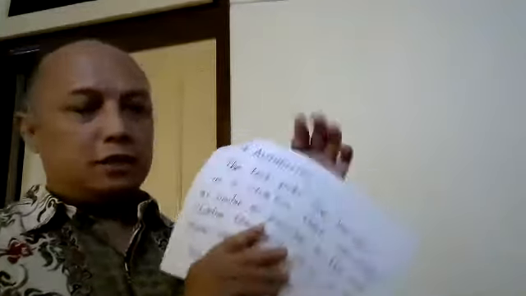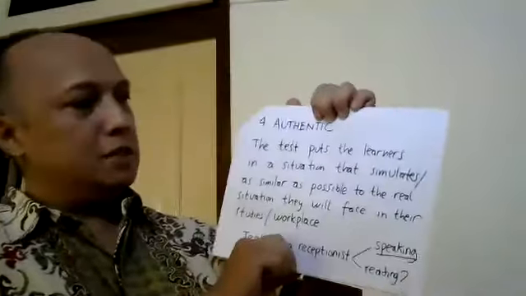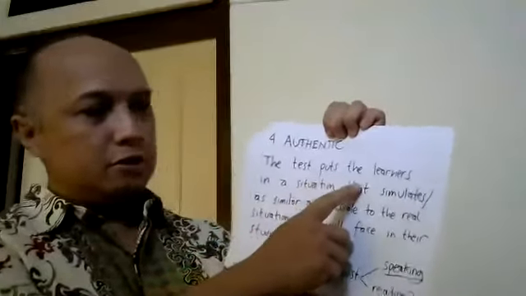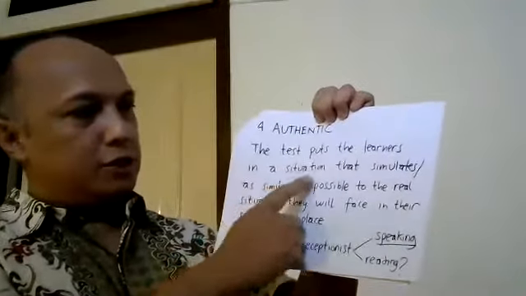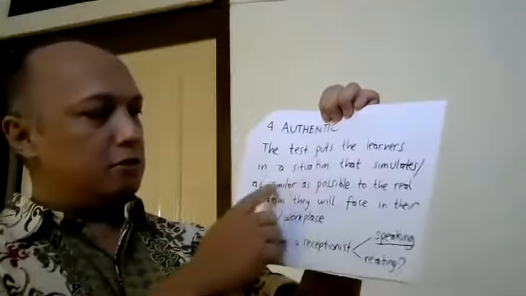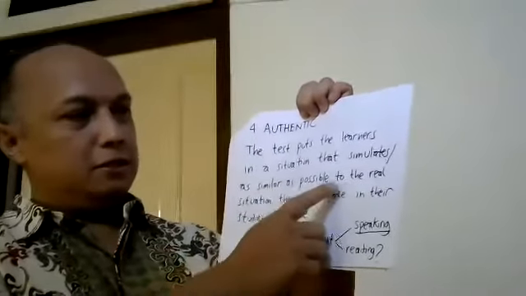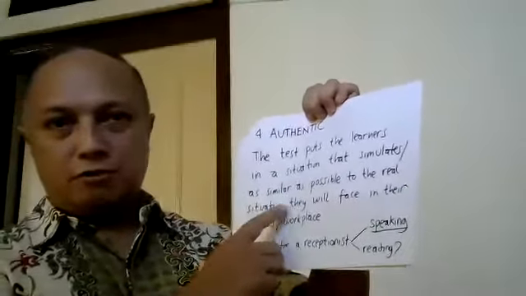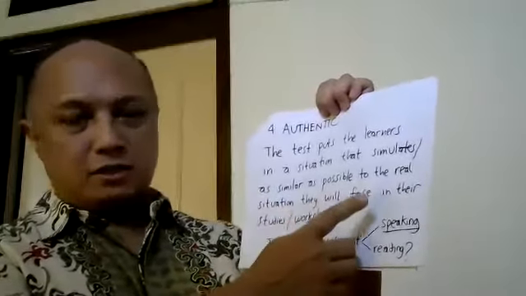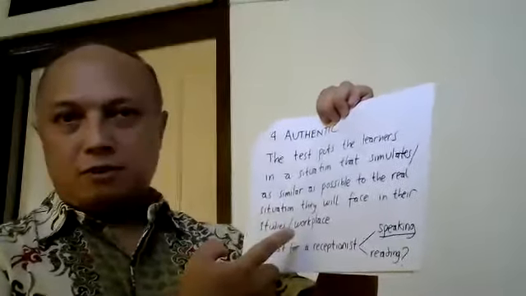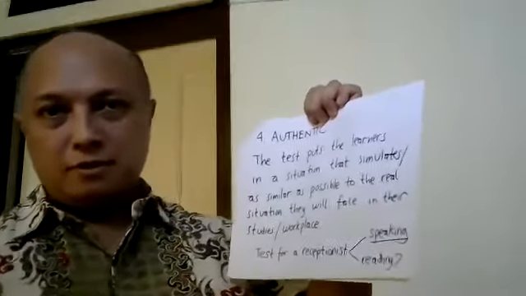Okay, so that's the third one. The fourth one is authentic. Authentic means the test puts the learners in a situation that simulates, or is as similar as possible to, the real situation that your students will face in their studies or in their workplace.